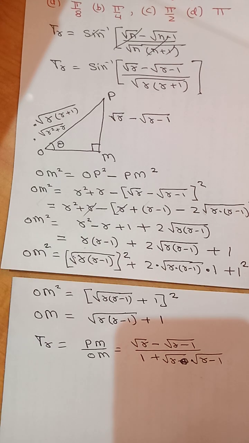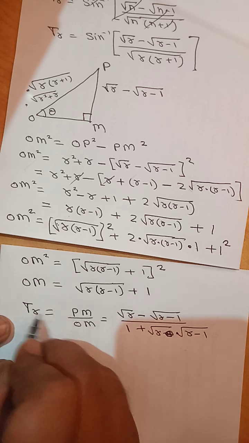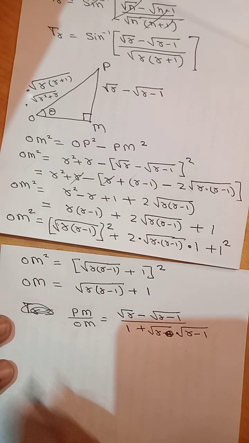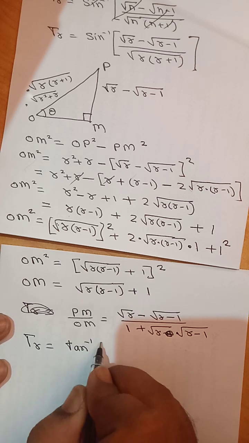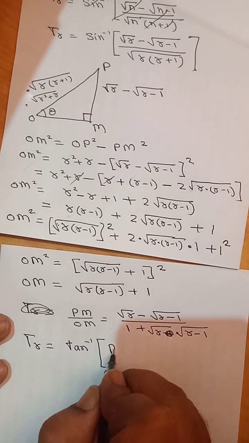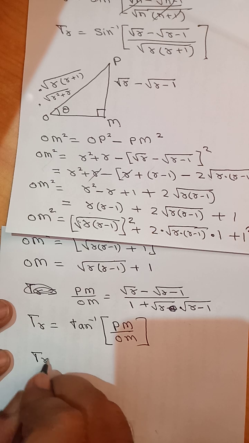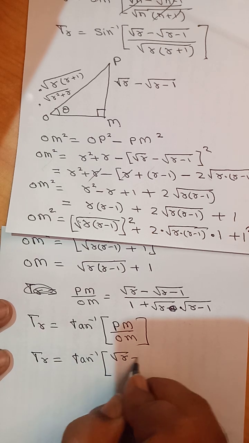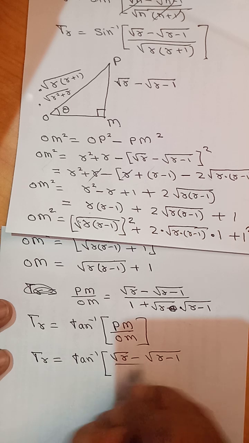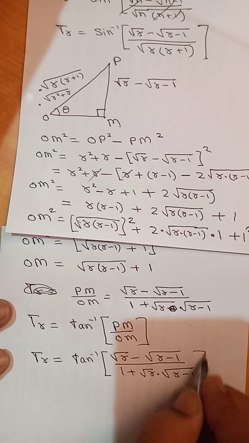So T_R is equal to tan inverse of (root R minus root of R minus 1) divided by (1 plus root R into root of R minus 1).